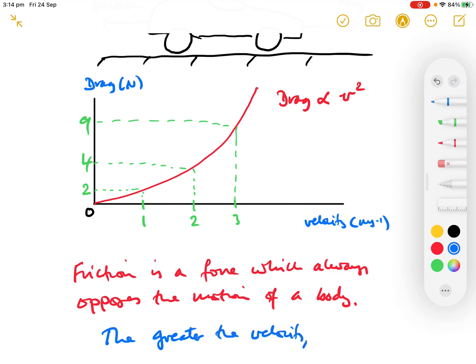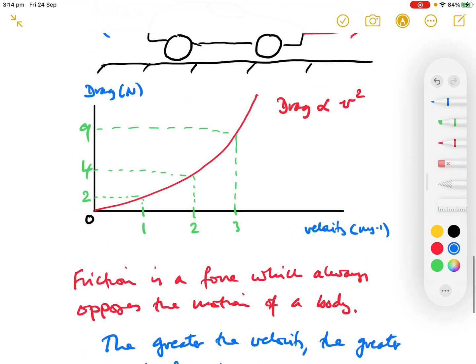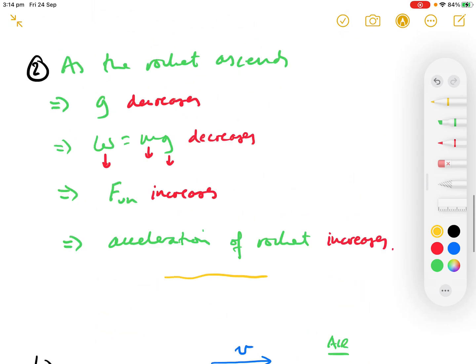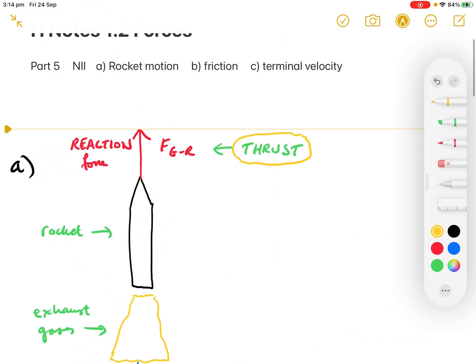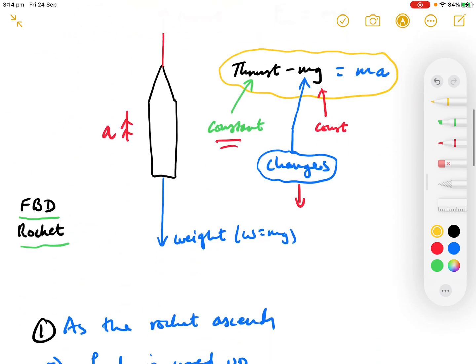The greater the velocity, the greater the air friction or drag. Okay, so again, technically you don't need to know this equation, but it's not an equation, it's a relationship. This relationship, but it's pretty useful to have as an arrow in your quiver, so to speak.